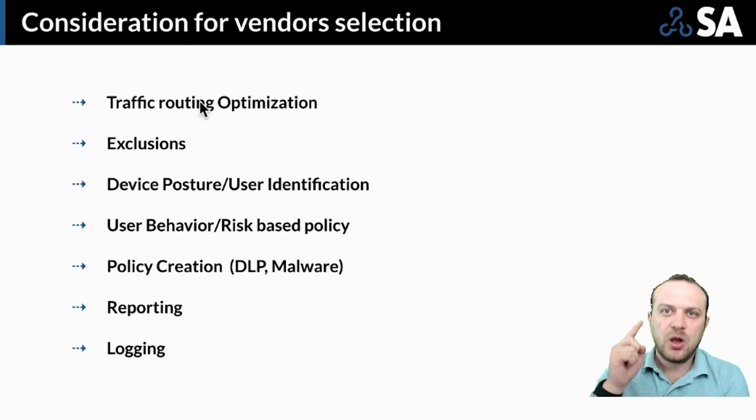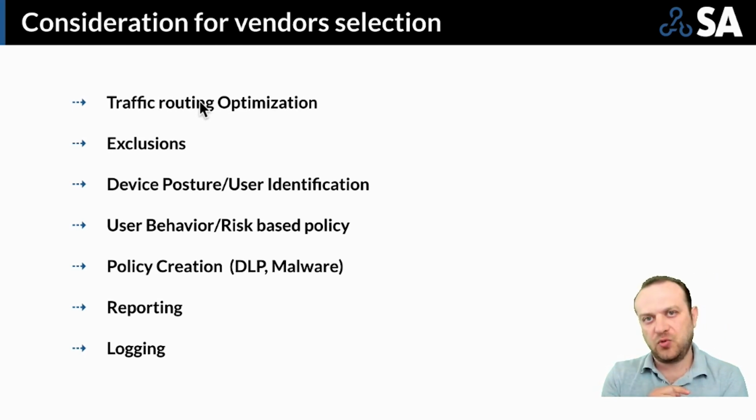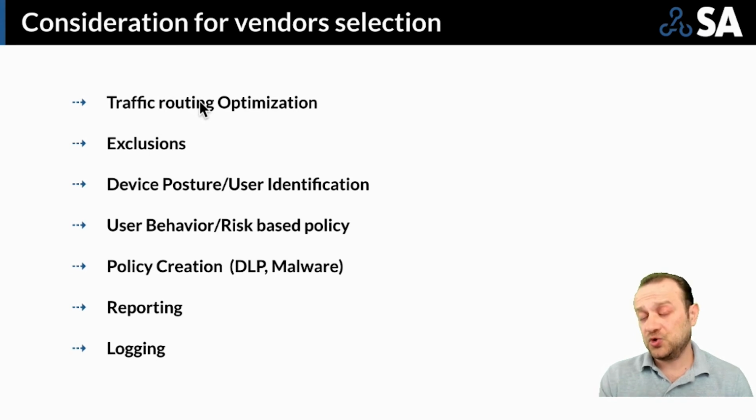You want to understand where your offices are located and where the POPs of the company you want to buy the SASE from are located. Because you don't want to be located in Toronto with the majority of the people here, but they don't have a POP here. Exclusions. You want to understand what's happening there, what can be excluded, how to work with everything else you have in your environment.